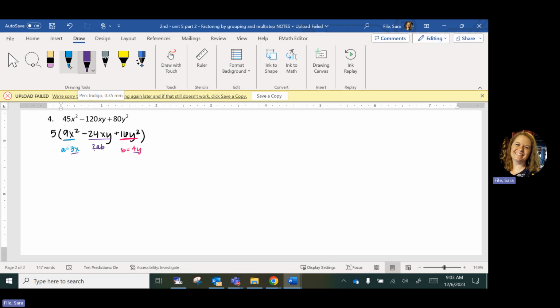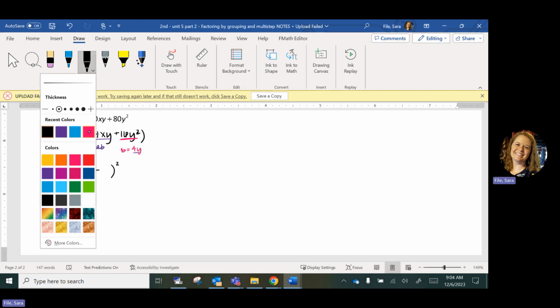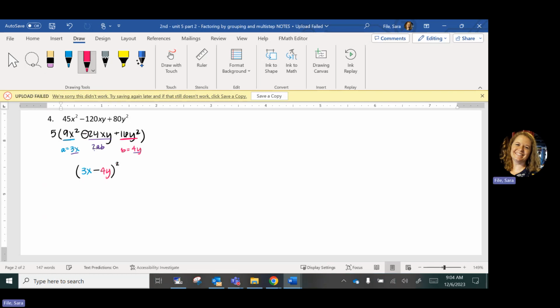So my perfect square trinomial shortcut says I can just do a plus or minus b, squared. Now the plus or minus comes from here. So this one's minus. So it is 3x minus 4y, squared.